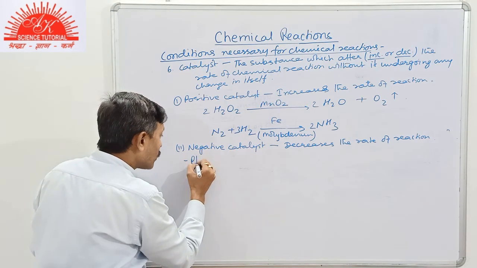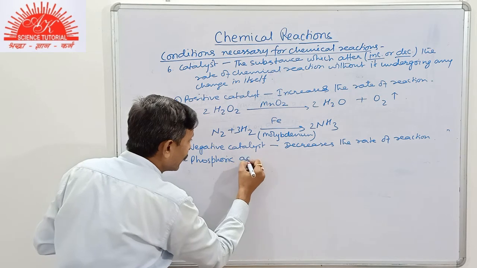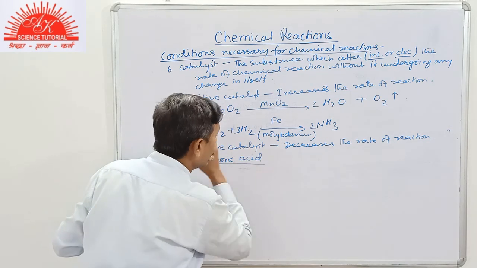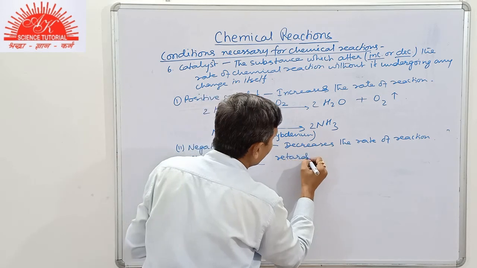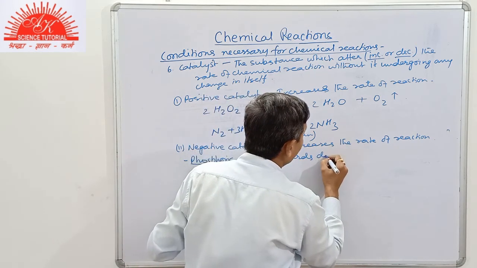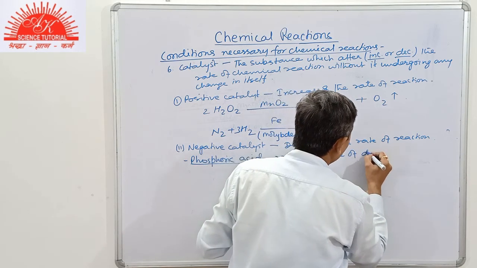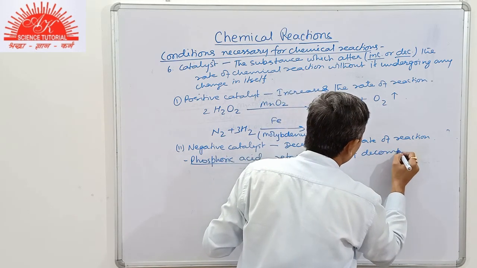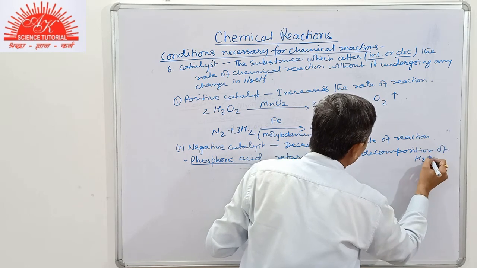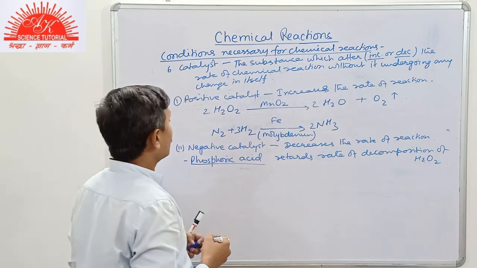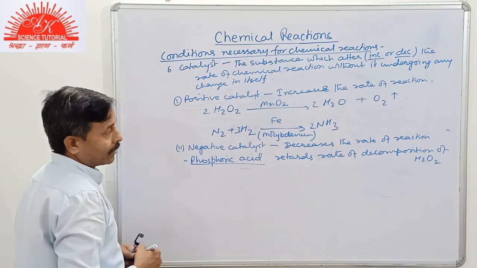But phosphoric acid, here is the example of a negative catalyst, retards the rate of decomposition of H2O2. So in this case, phosphoric acid acts as the negative catalyst.